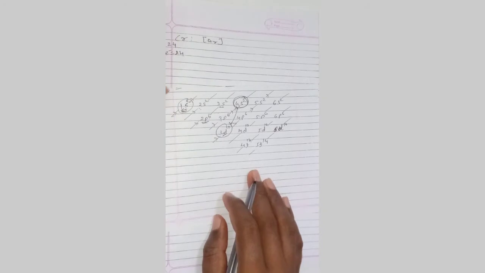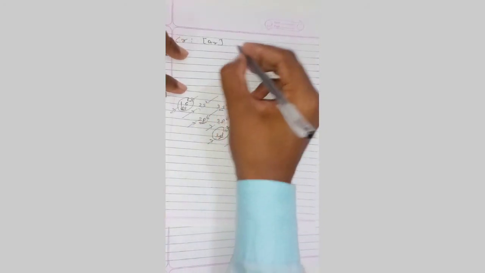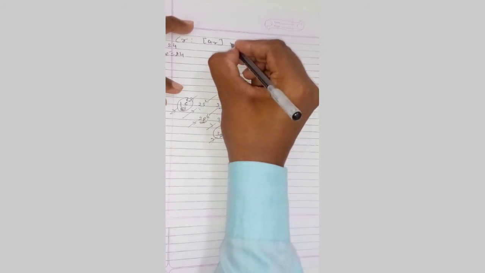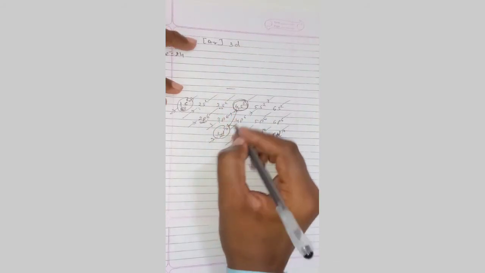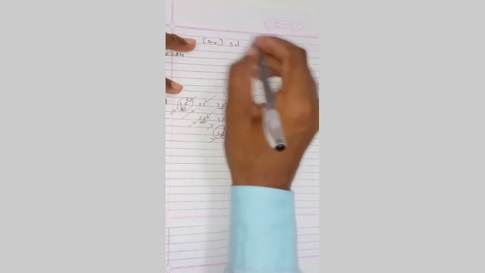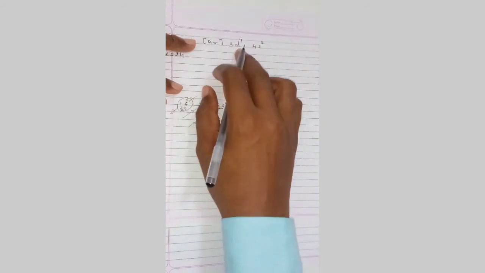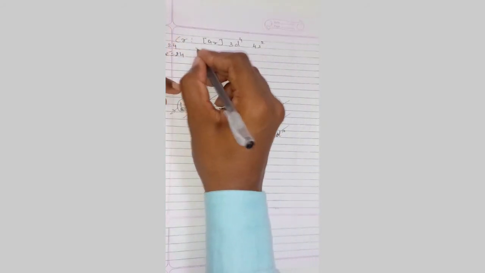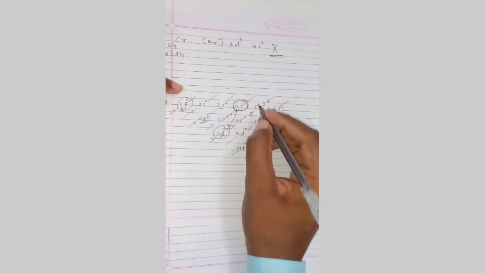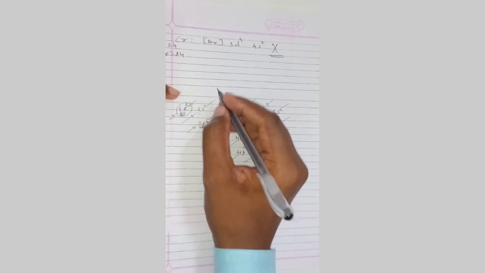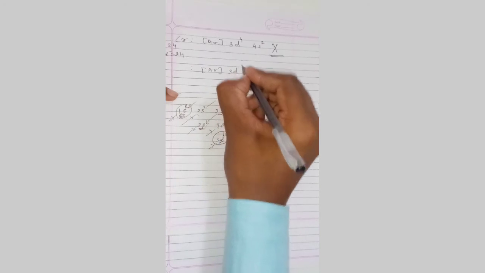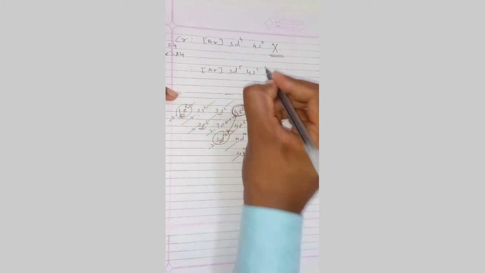And then as per our rule, 20 electrons and the rest of the electrons are 4, but this electronic configuration is not right. Its actual electronic configuration is 3d5 and 4s1.